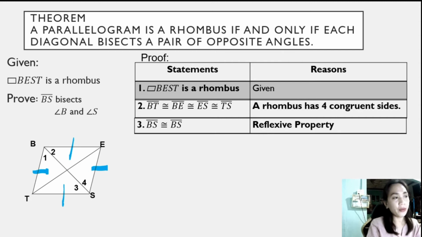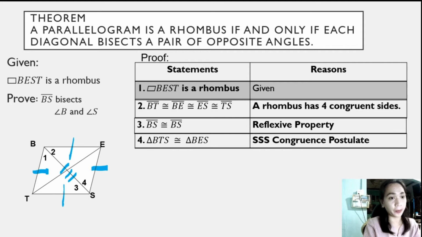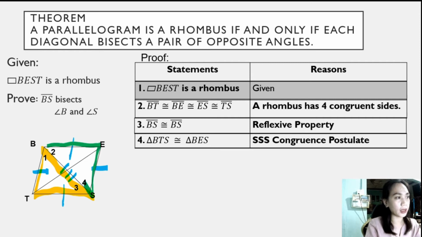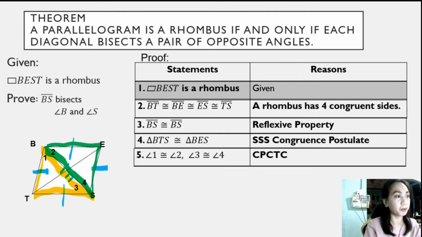Now, we have here the side BS is congruent to BS, so using the reflexive property. Next, therefore you can say that you have the triangle BTS. This triangle is congruent to the triangle BES. So this triangle, okay? Reason, you have the Side-Side-Side congruence postulate, or the SSS.